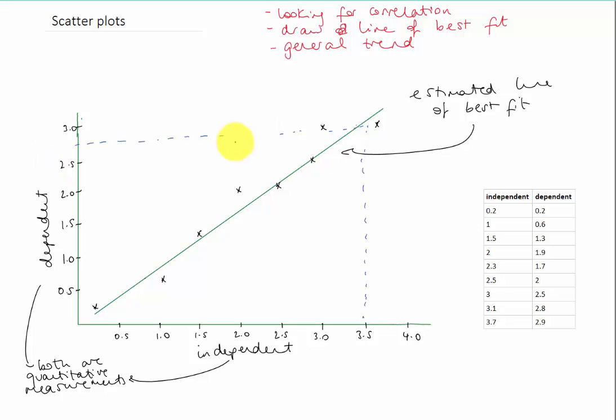That's about 2.75, so that's a good estimate. So this is an interpolated data point. Okay, so let's write those here on the general summary, so we can interpolate or extrapolate.